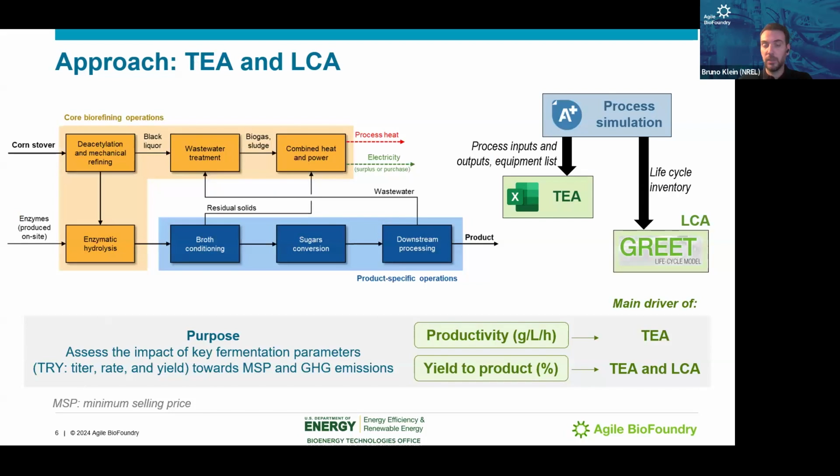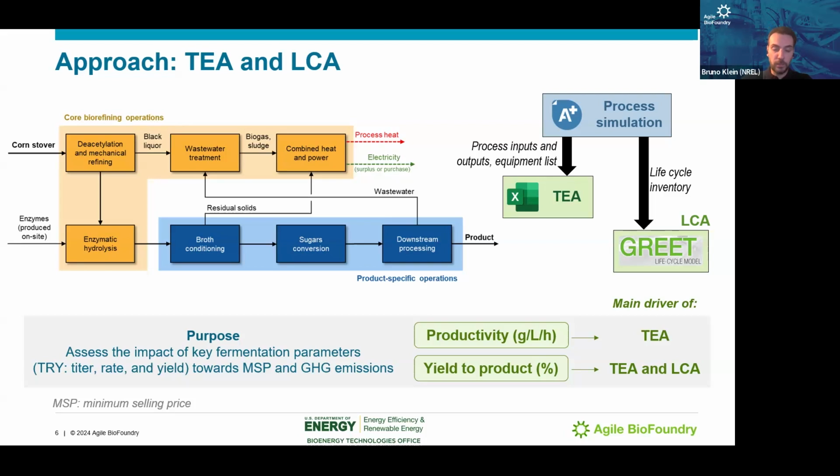So this slide just shows another way of presenting our biorefineries. Pretty much the same operations that I talked about in the previous slide are here: deacetylation for pretreatment, enzymatic hydrolysis, all the broth conditioning, conversion of sugars and downstream processes to get to the product. But to get a full picture of an integrated biorefinery, we also need some ancillary operations. So for example, wastewater treatment and combined heat and power for production of heat and electricity are also considered.